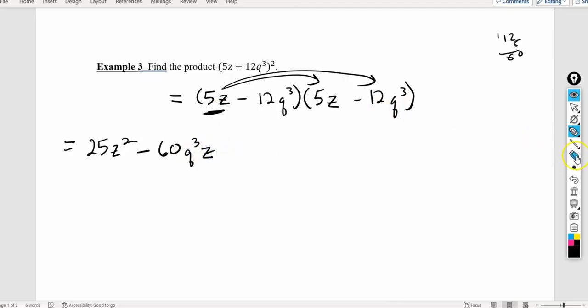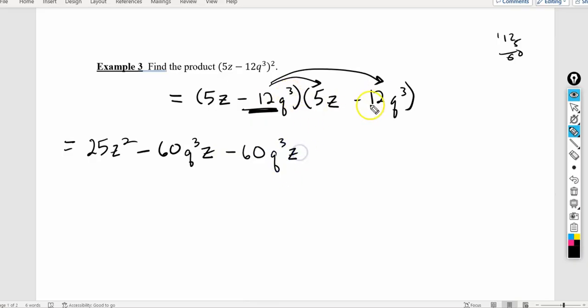Okay. Now I'm going to do the second part of this foiling. I'm going to take -12q cubed and distribute that into everything there. So -12 times 5 is -60. And then I have q cubed times z, so they're different letters. I cannot combine those.